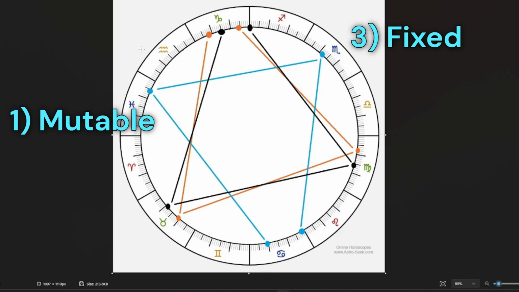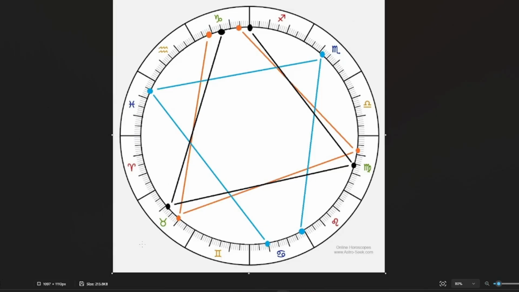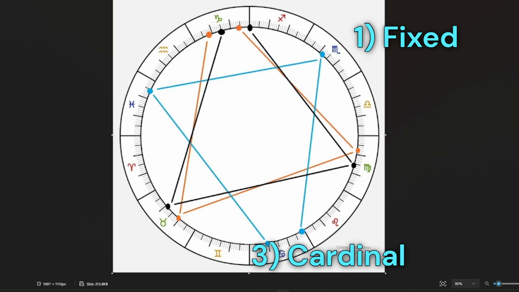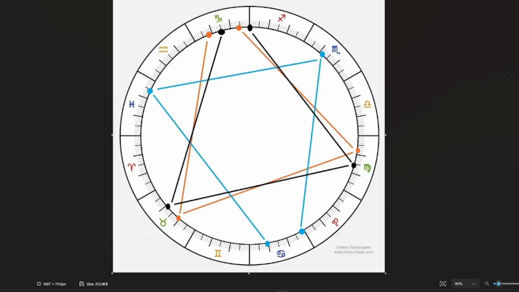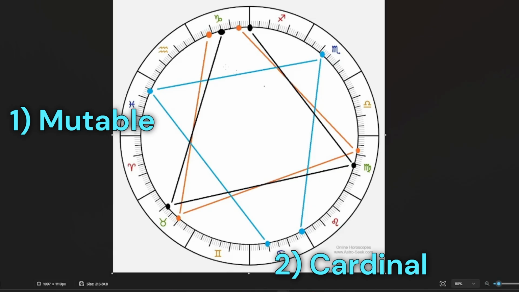It ends fixed. And if it goes fixed, it goes mutable, cardinal. This is why when you start something in mutable, it'll go to cardinal and then fixed. When you start something in the mutable phase of life, the trine goes to cardinal to fixed. It'll end in fixed. That's where this star comes into play.